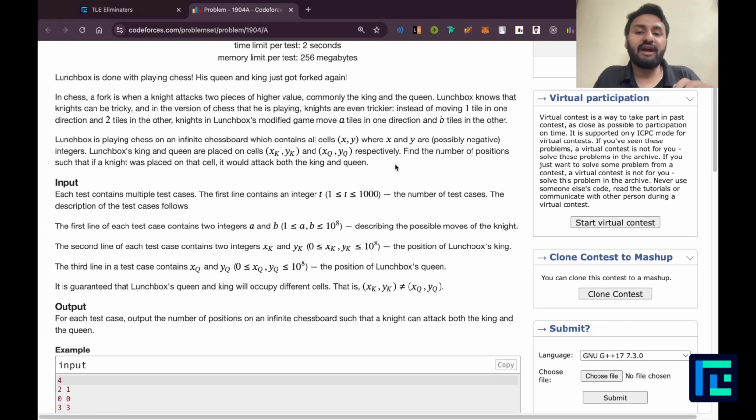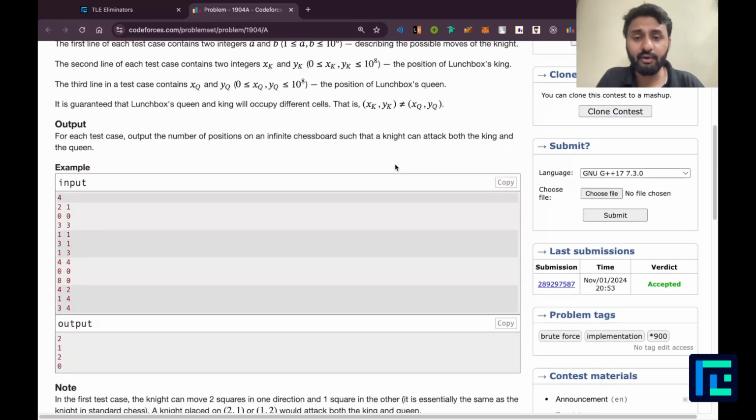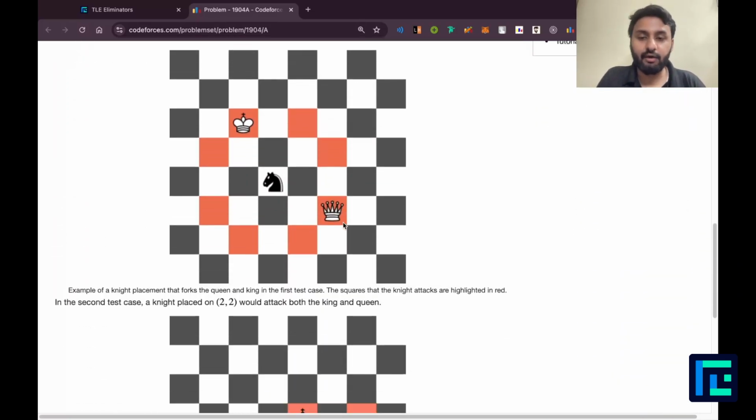We want to find all such positions where, if the knight is kept, it will attack both the king and the queen. This is the problem we are trying to solve. Tell me the number of positions on that 2D unlimited chessboard on which the knight will attack both the king and the queen. So if we look at the sample case, we'll understand our ideology very quickly.